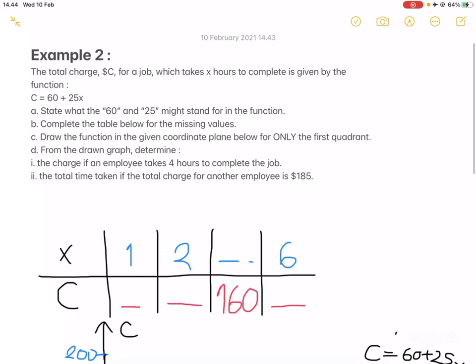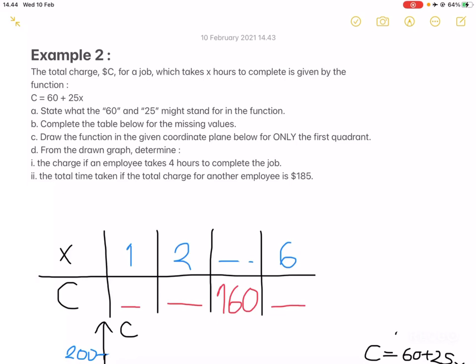Alright, for the second example, I would say this is a pretty interesting one. The total charge $C for a job which takes X hours to complete is given by the function C equals 60 plus 25X. So first we might want to state what the 60 and 25 might stand for.